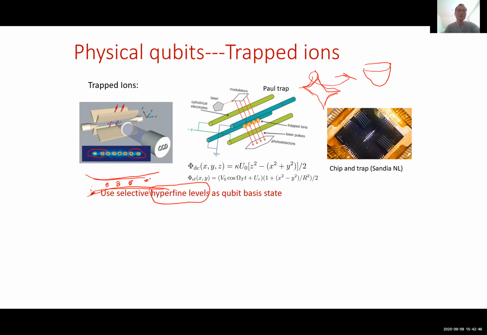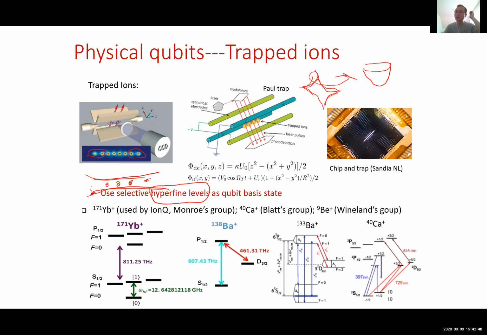So I'm showing you some of the levels here, but next page I'm going to explain what hyperfine is. These are the levels, for example, but I'm showing you according to which group they use. For example, a company called IonQ is actually led by a prominent physicist called Chris Monroe.